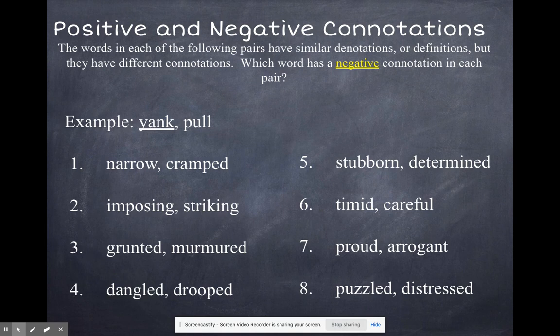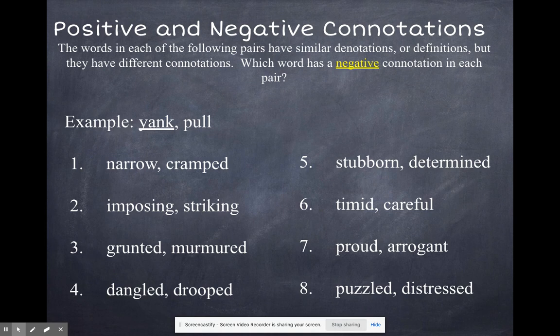Okay, I'm going to read through each one and then we'll look through the answers on the next slide. 2, imposing or striking. 3, grunted or murmured. 4, dangled or drooped. 5, stubborn or determined.